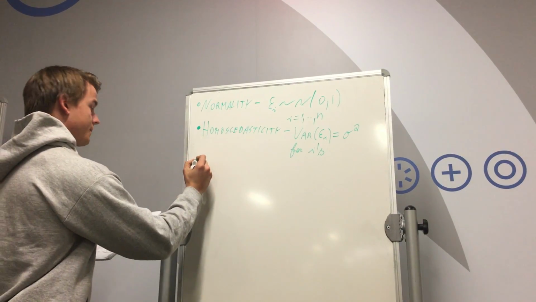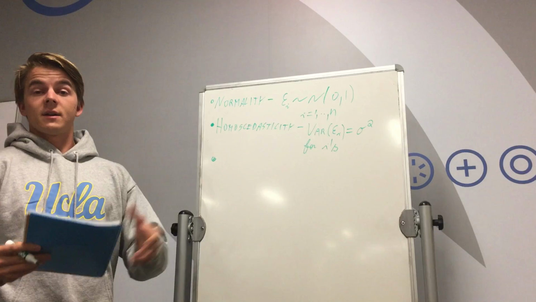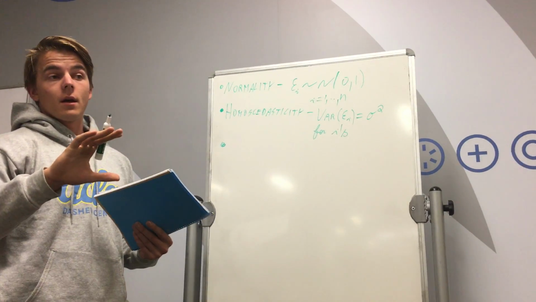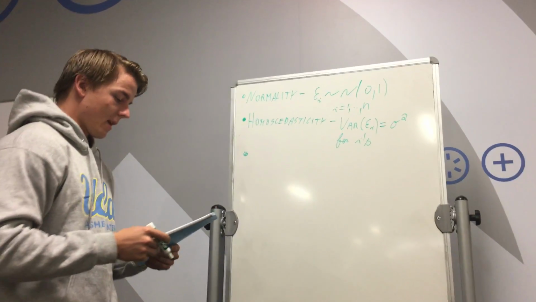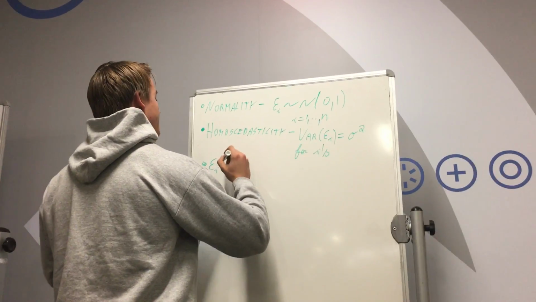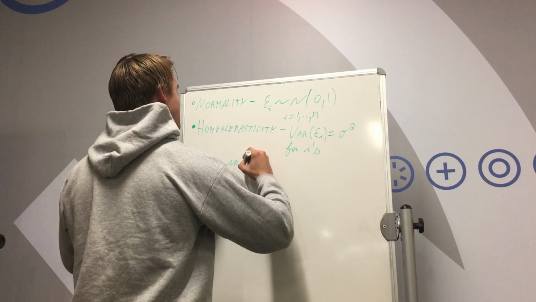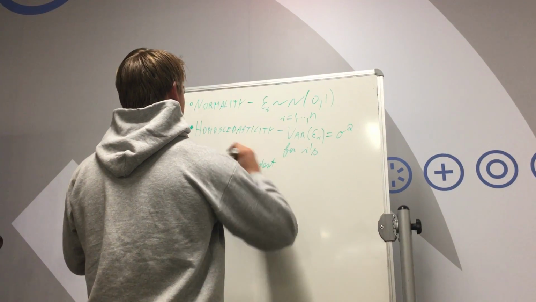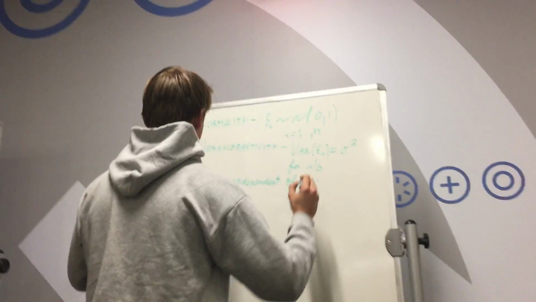The third assumption is the assumption of independence of error components. That means that all the errors have to be mutually independent. Therefore, e_i is independent of e_j.